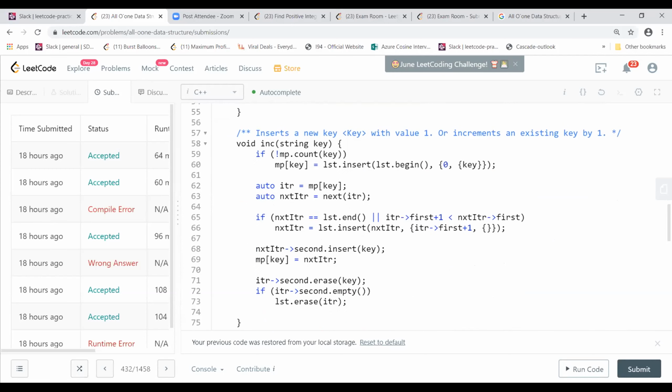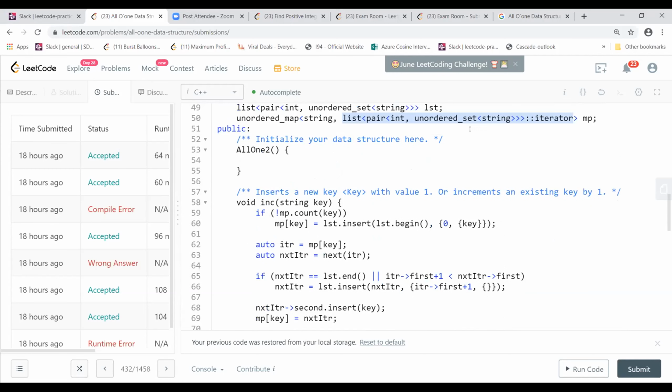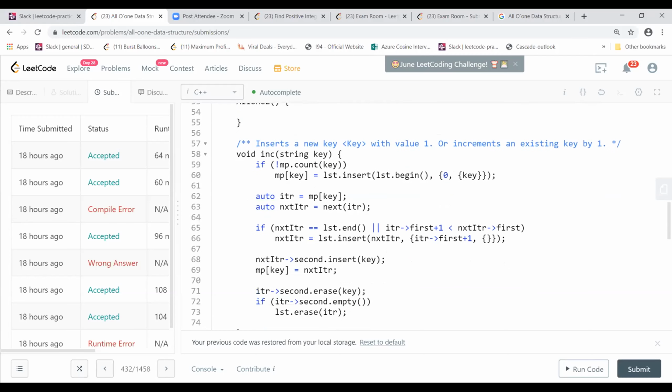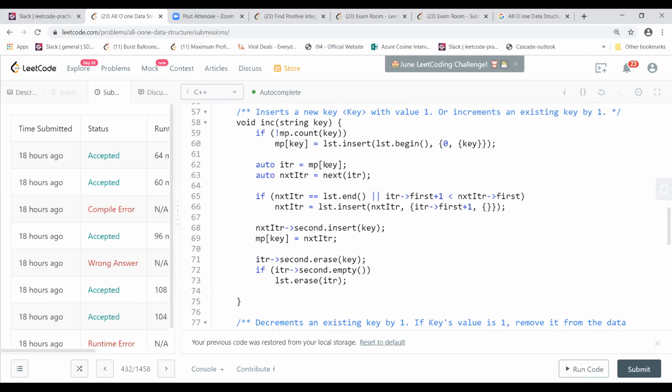But Praveen, here also, when you are putting in an unordered set, if you have a huge number of keys, then it will be iterating through each and every one, right? No, that unordered set, it is just finding in O of 1. Yeah, I'm sorry, you're right. But the set finding is log n, right? Unordered set is usually O of 1.